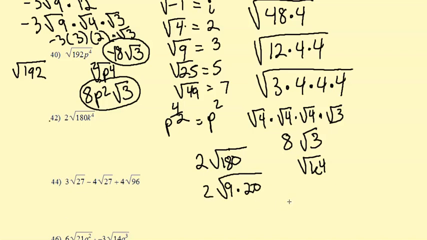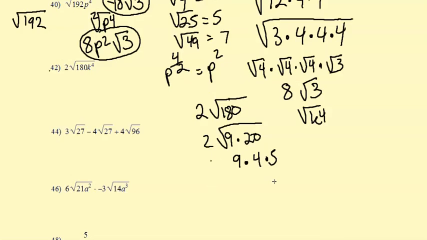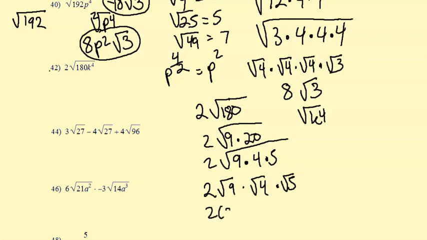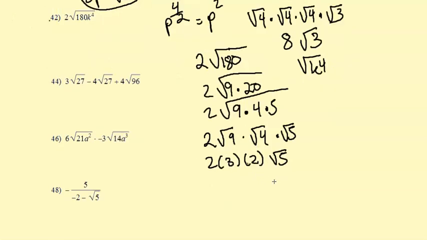And for 20, we could take out a 4. 4 times 5 is 20. So 9 times 4 times 5. Okay, so we have 2 times the square root of 9 times the square root of 4 times the square root of 5. That's going to be 2 times 3 times 2 times the square root of 5. If you multiply these three numbers together, we get 12 square root 5.